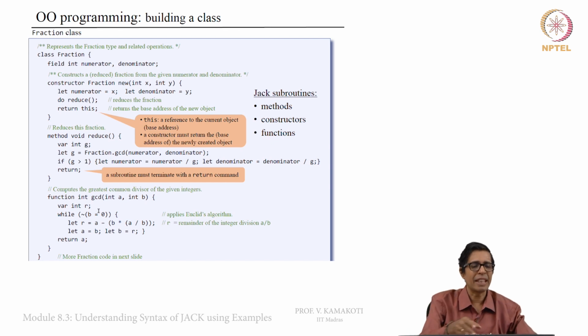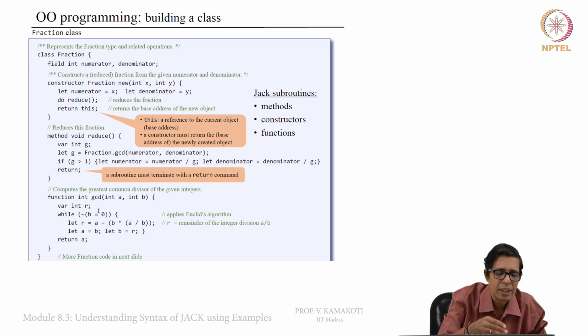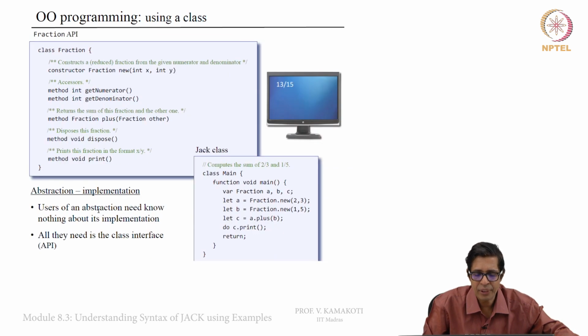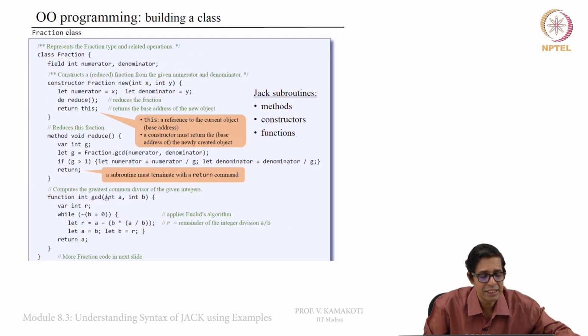For example, suppose I declare Fraction a. Then I can say a.getDenominator, a.getNumerator, a.plus, a.dispose, a.print, etc. But I can't say a.gcd, right, because gcd is a function inside this.